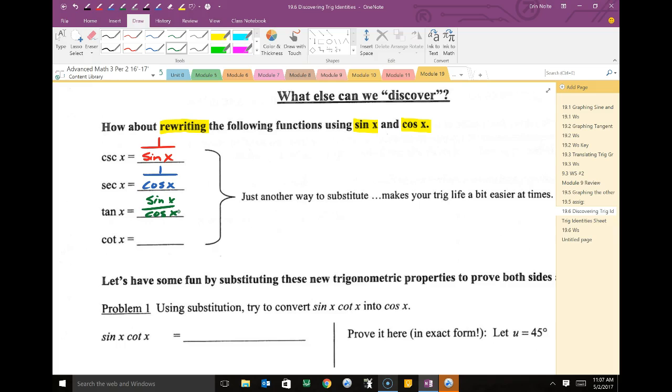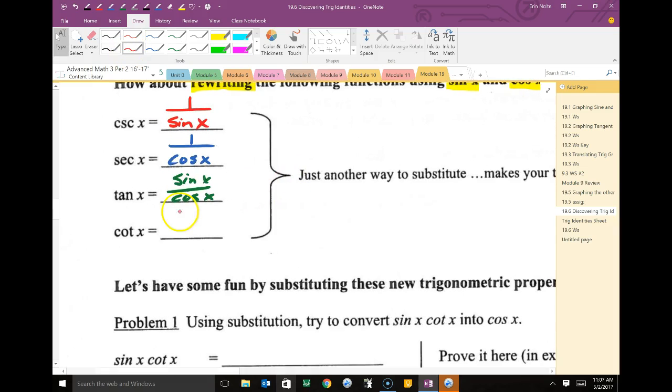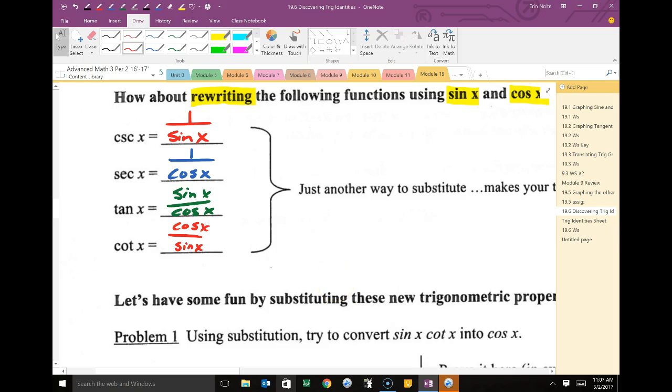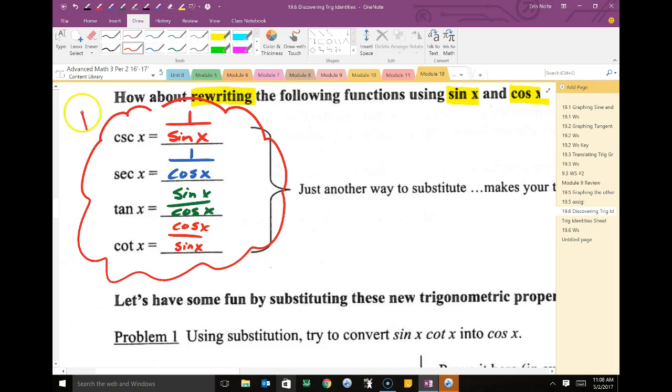What about cotangent? What's that the same as? Good. Cosine over sine. So these are super awesome identities. I'm going to star them and put a smiley face.